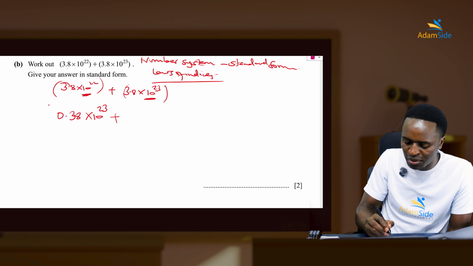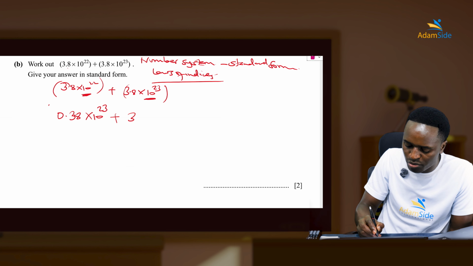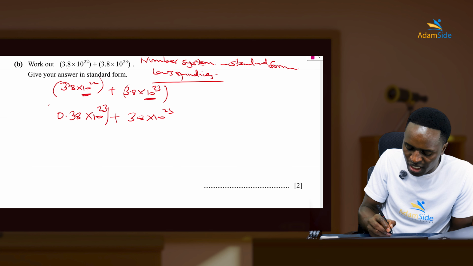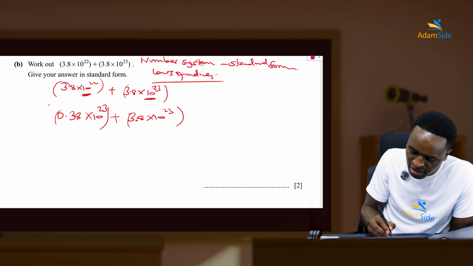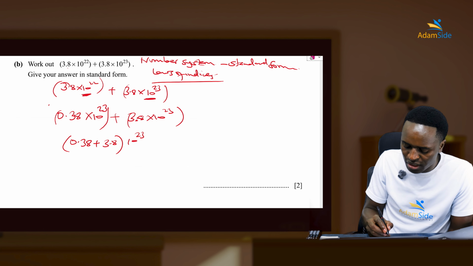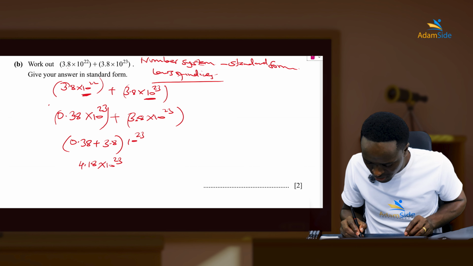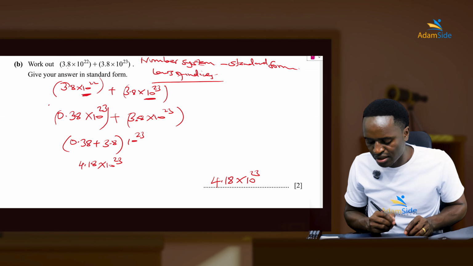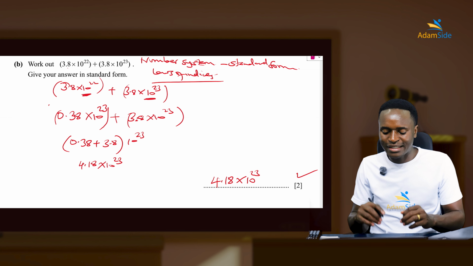Now they're in the same format, so you can add 0.38 plus 3.8 and then multiply by 10 power 23. And you get 4.18 times 10 to the power of 23. So our answer will be 4.18 times 10 to the power of 23.